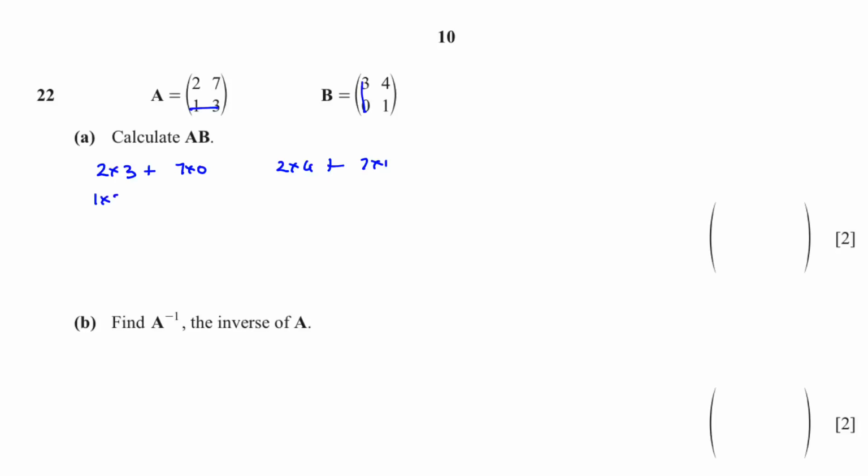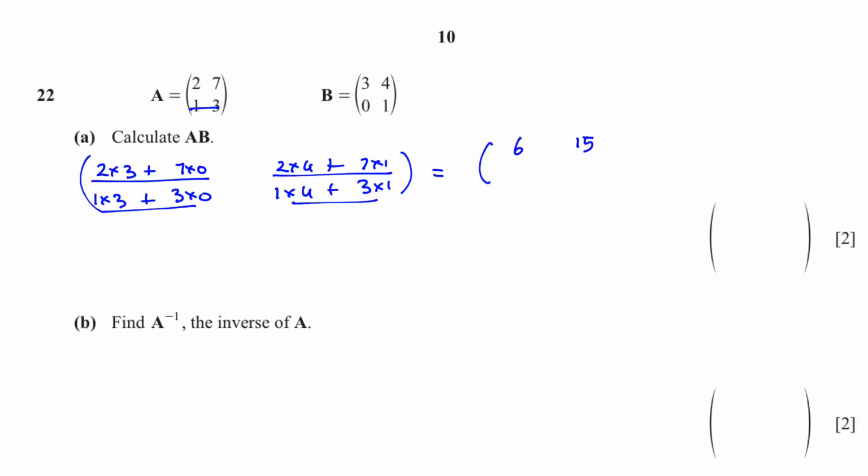So 1 multiplied by 3 plus 3 multiplied by 0, and then this other column 1 multiplied by 4 plus 3 multiplied by 1. Put each individual term in the calculator and write the answer. You will get 6, 15, 3 and 7.